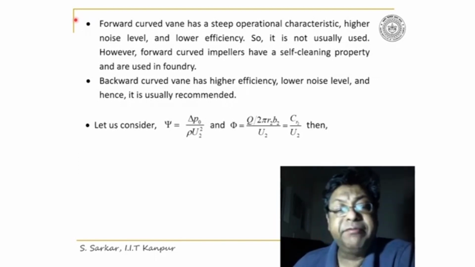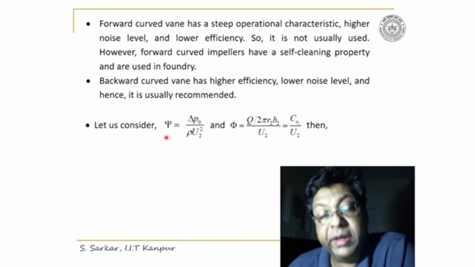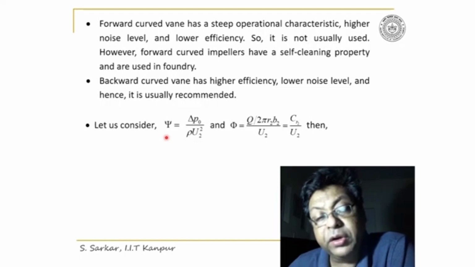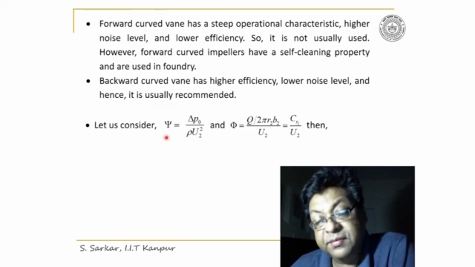Now let us define xi. Xi is the pressure rise coefficient, defined as del P0 by rho U2 square.